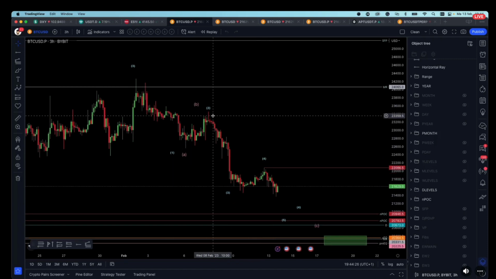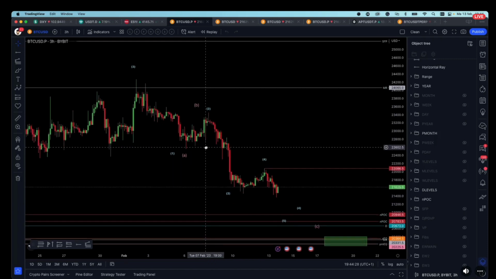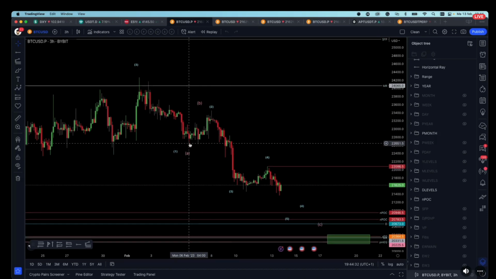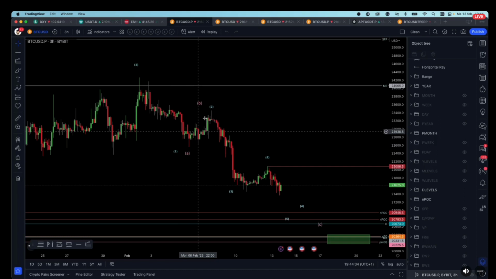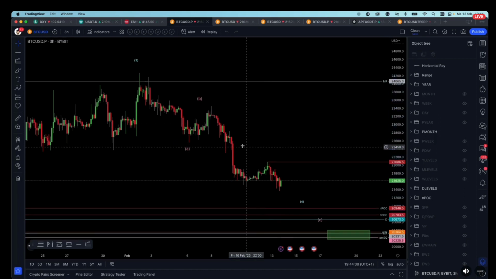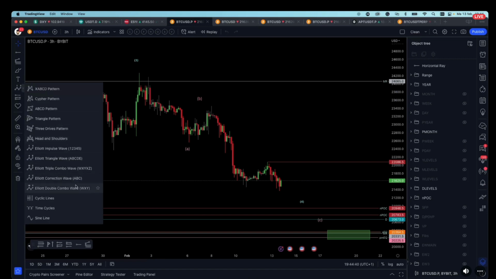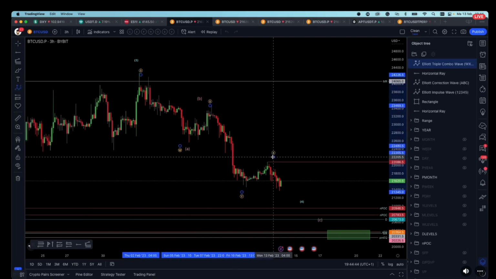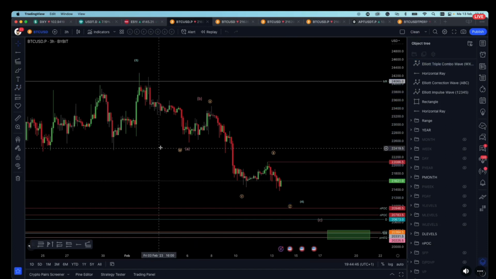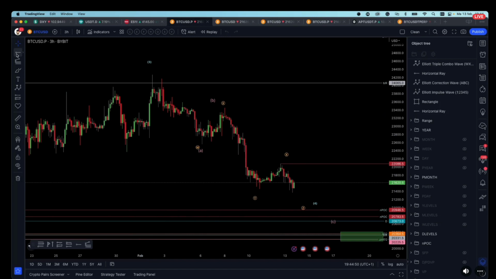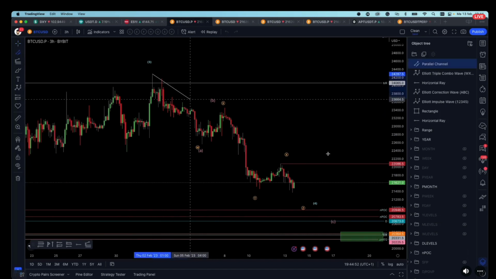So you don't have that alternation, which usually isn't possible. So if you have a correction to the upside like this, and the next one is also like this, then it's rather W, X, Y, X, Z perhaps, so in a corrective kind of structure. Taking the channel here.